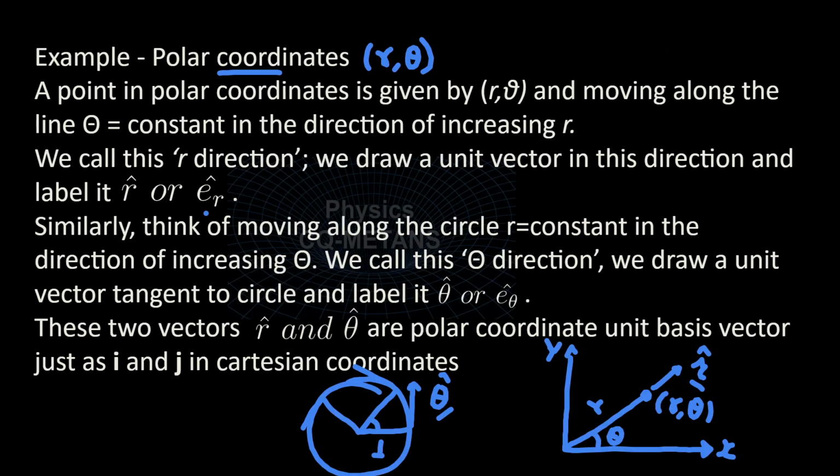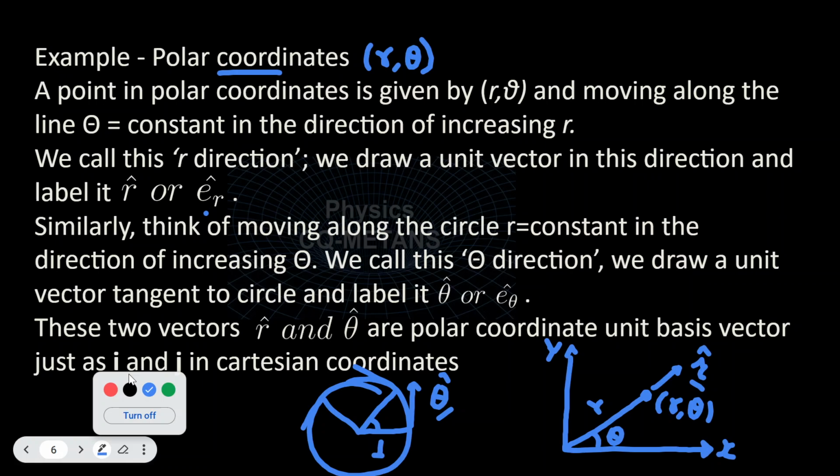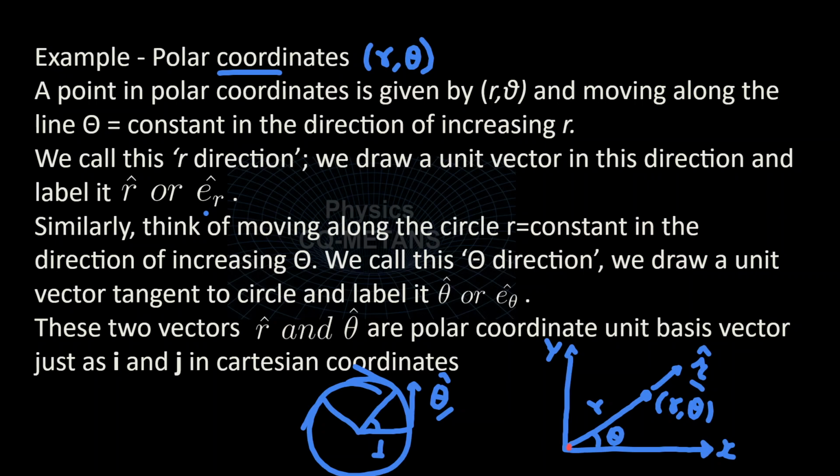If we see this part, this was the radial direction. Now suppose my particle is moving and goes away. This will be the direction of the radial vector, in this direction.